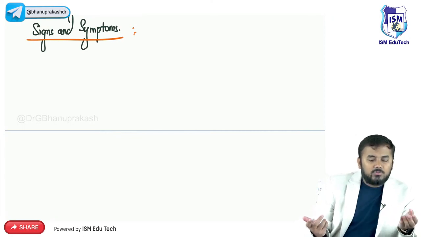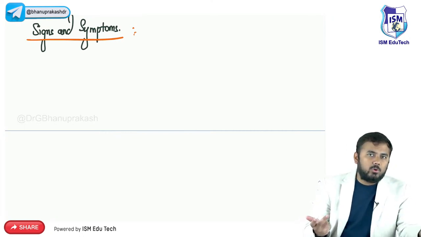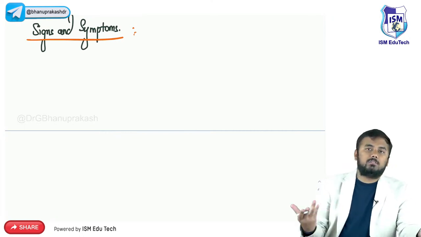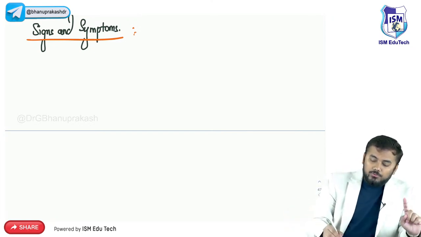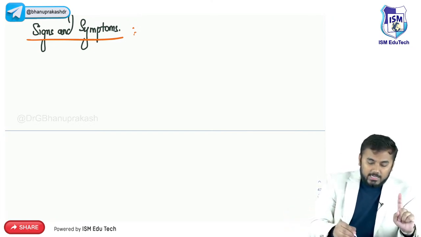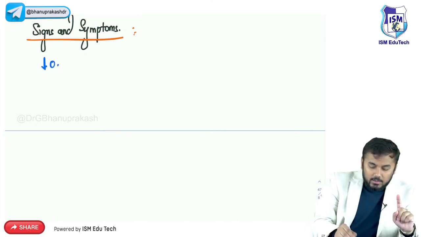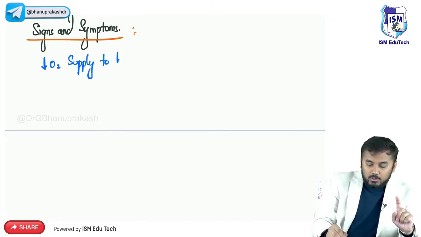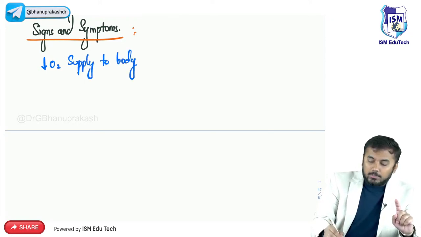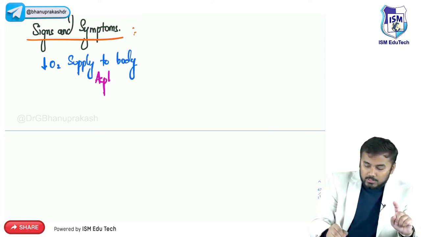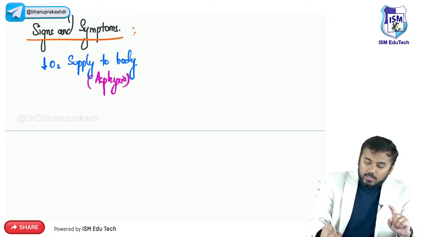If hypoxia is for a short time, the signs and symptoms will be different. If it is prolonging, the signs and symptoms will be different. For example, if there is reduced oxygen supply to the body, this is called asphyxia. So because of this, what will happen?